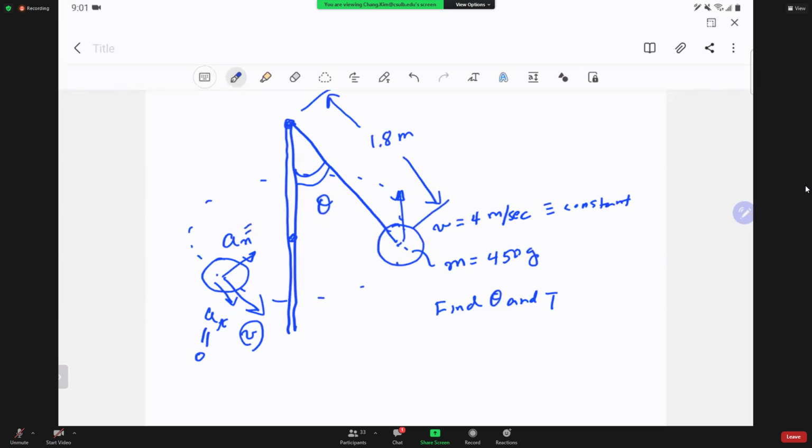But the normal component of the acceleration still exists, which is v squared divided by the radius. Now, this radius is not this number. This is the radius of the circle. So we should know what the radius is.